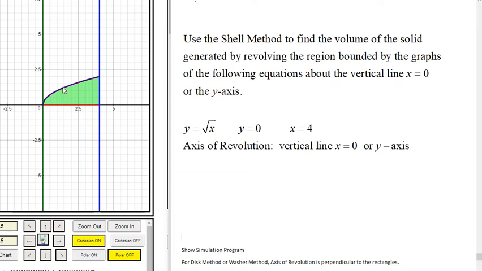So what we want to do is revolve this bounded region around the y-axis and use what's called the shell method to find the volume of the solid of revolution.